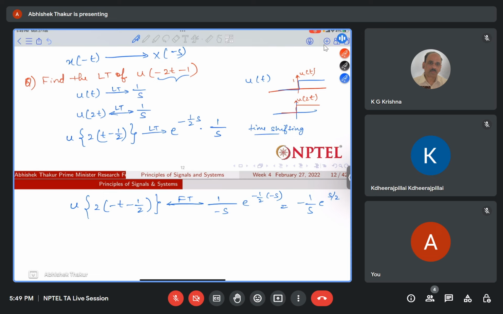Now we will see some other question. Now we'll see questions based on inverse Laplace transform.